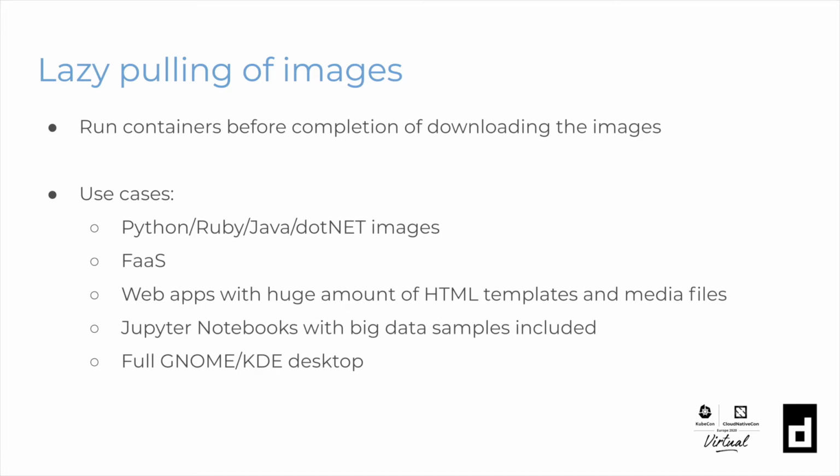This is useful when your image contains a lot of extra files that aren't actually accessed. For example, Python images and Java images tend to contain a bunch of extra library files. With lazy pulling technology, you can skip downloading these extra files.